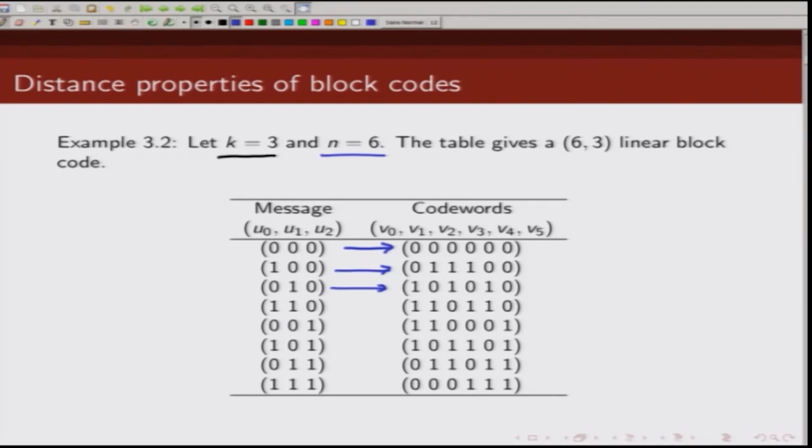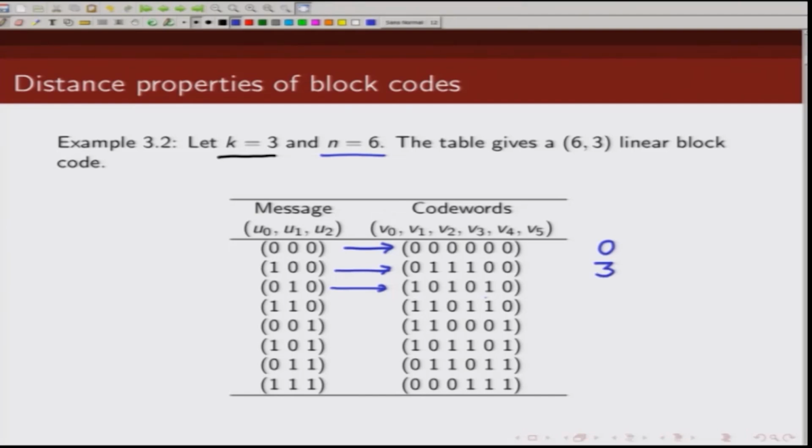Now, let us look at what is the weight distribution of these code words. This is the all 0 code word, so the Hamming weight for this is 0. What about this? This code word has 3 ones, so the Hamming weight is 3.